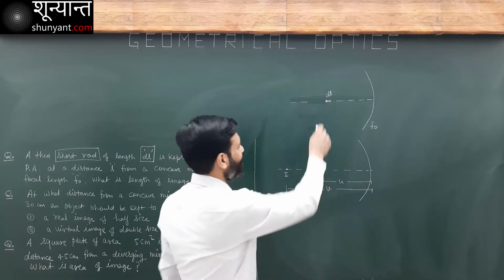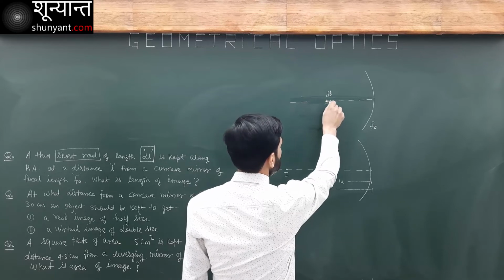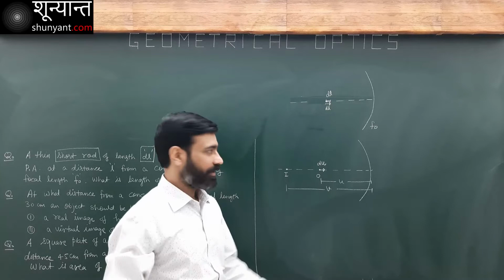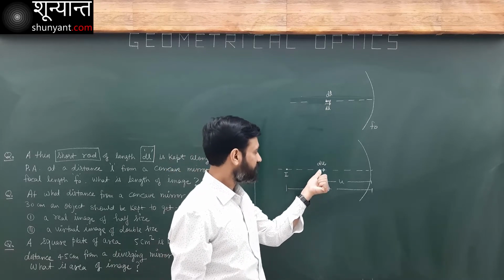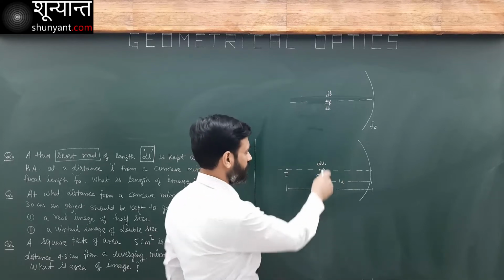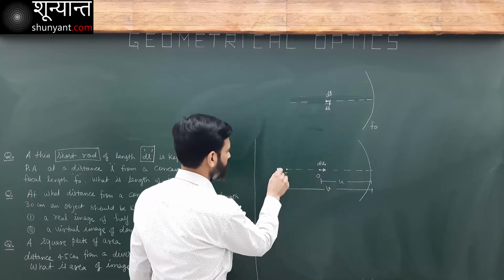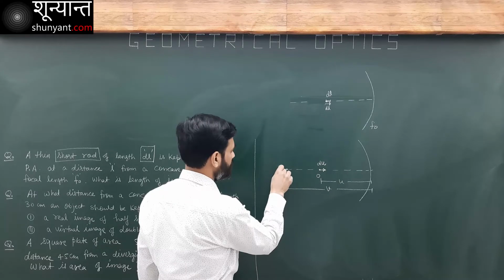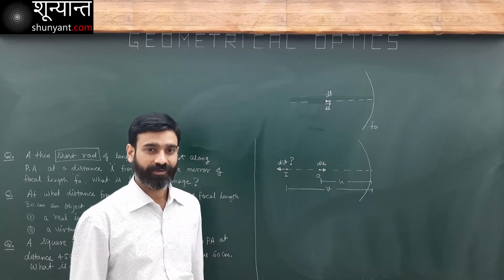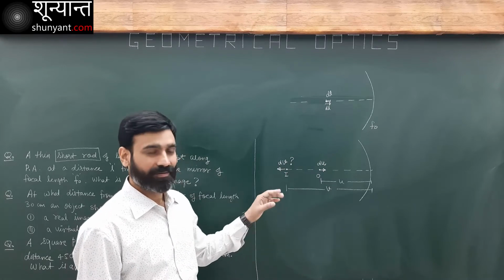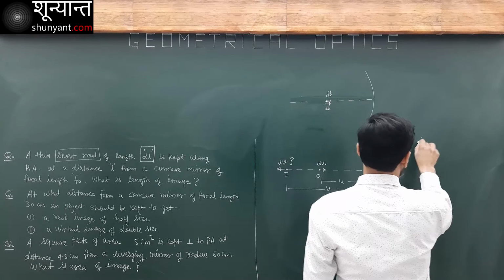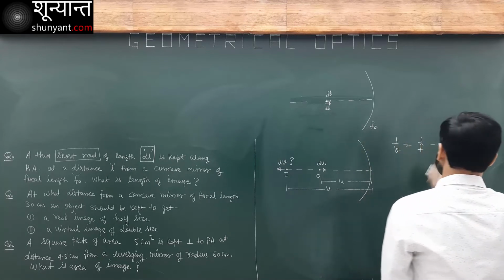I have one object at one end here, and I am shifting it to this point by distance dl. Here, one object is kept at distance u. I am making some small change in u, du. So there will be some corresponding change in v. This is dv. What will be dv? That's what I have to find out, and we can do it by differentiation. 1 over v is 1 over f minus 1 over u.